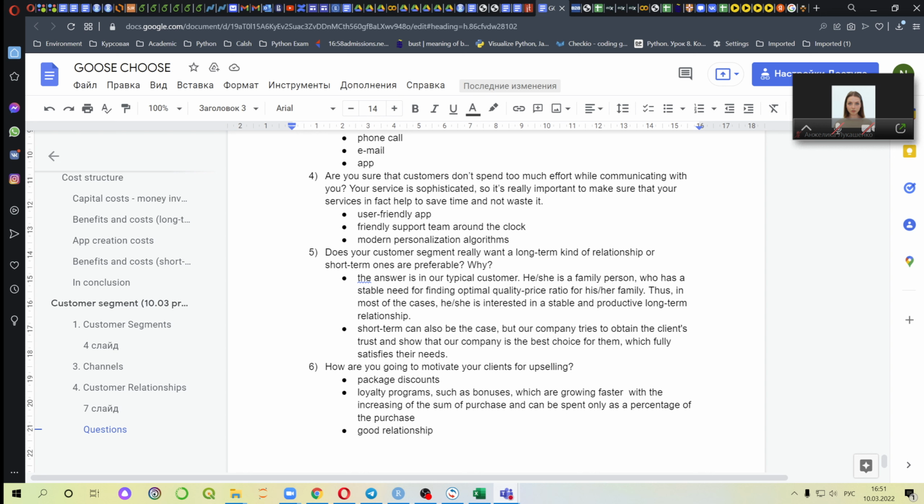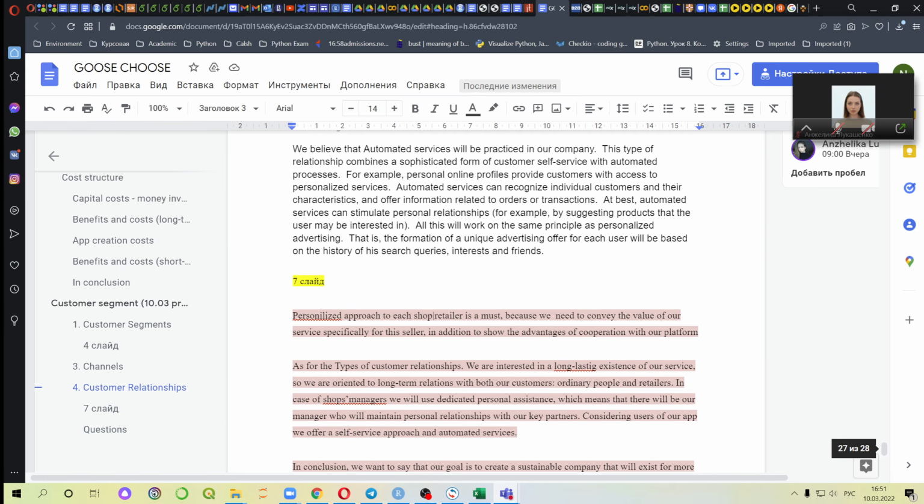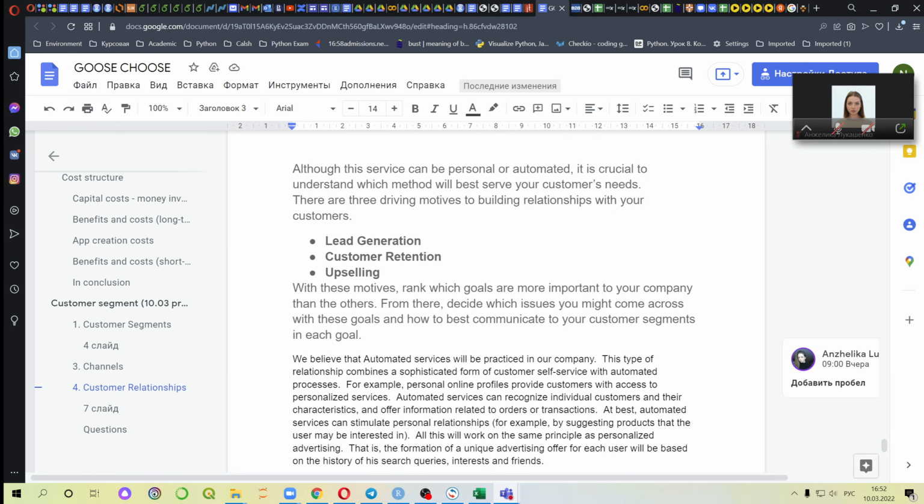And the first one, about customer segments, because it is a little confusing, was in the presentation. In pensioners, it was said that pensioners have the main pain as the difficult using of app. But this main pain is not connected with your app and your value that you give.